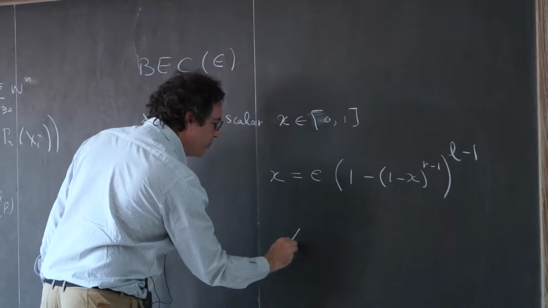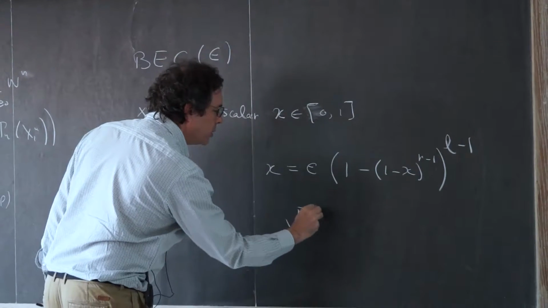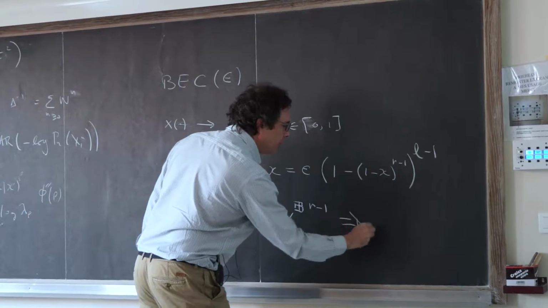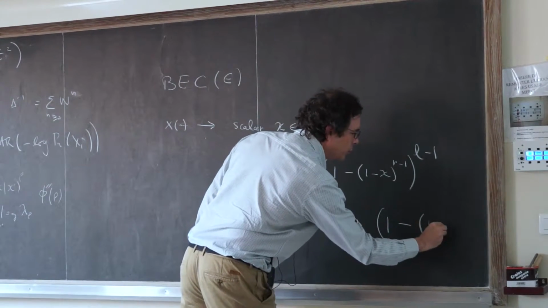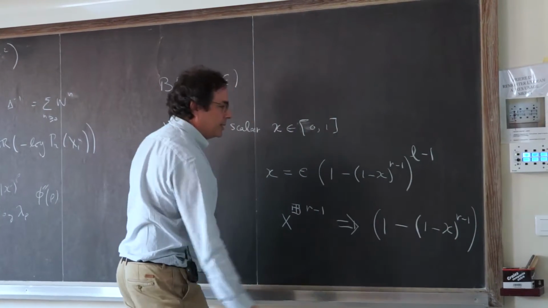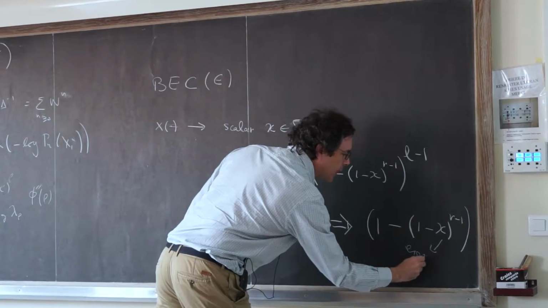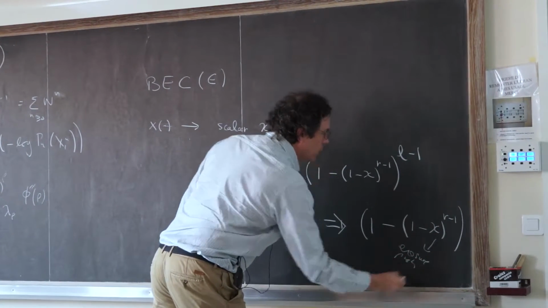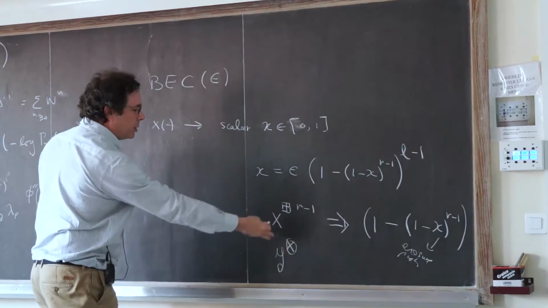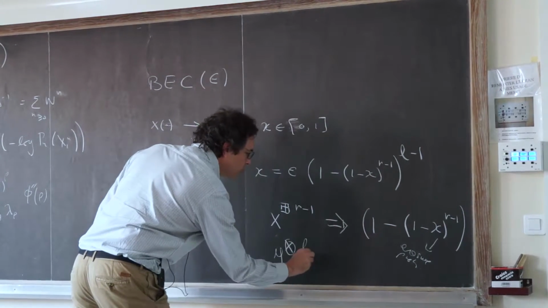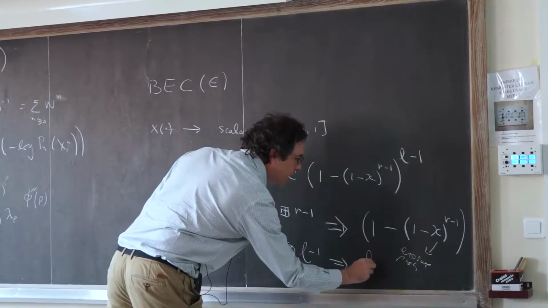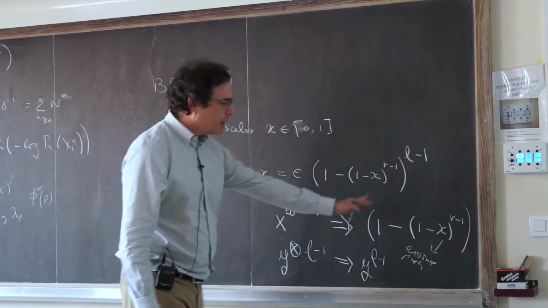So when you see an x to the power r minus 1 in this talk, there will be lots of them, just think of it as this function of a real variable where x is the erasure probability. And when you see something like y with this symbol, that's a usual convolution, to the power l minus 1, just think of this as a real variable y to the power l minus 1.